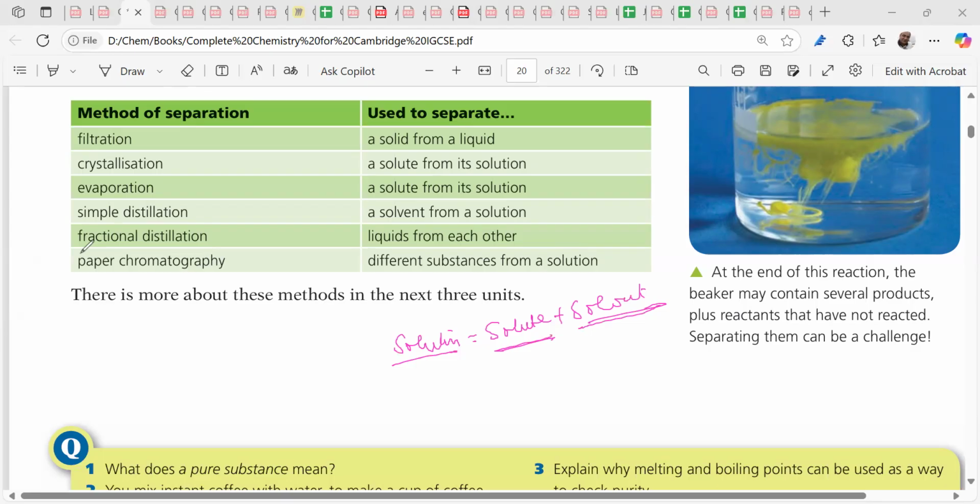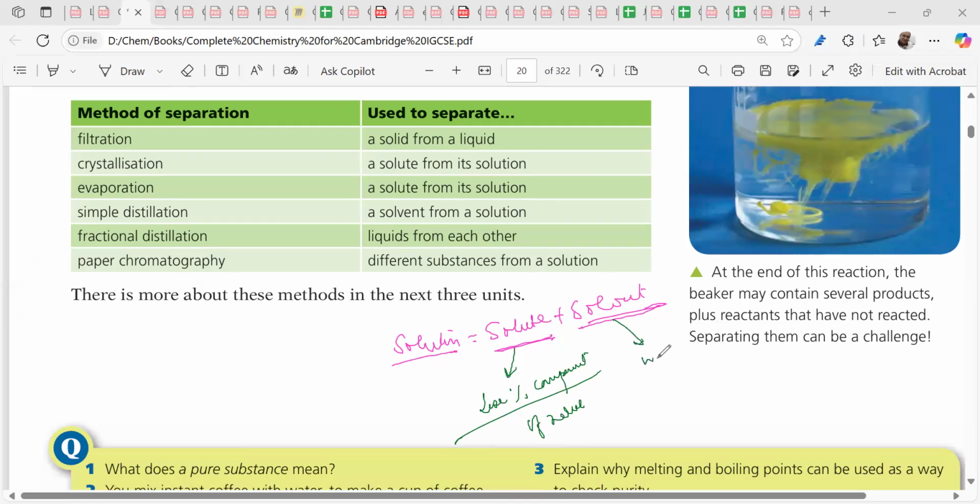What is the solute? Solute is the lesser percentage component of the solution. Write this down. What's a solvent?